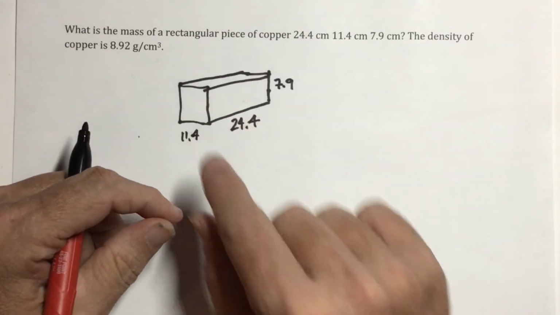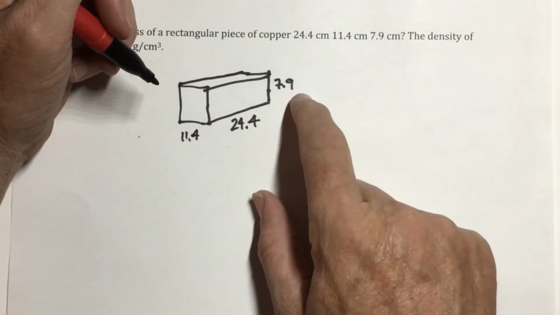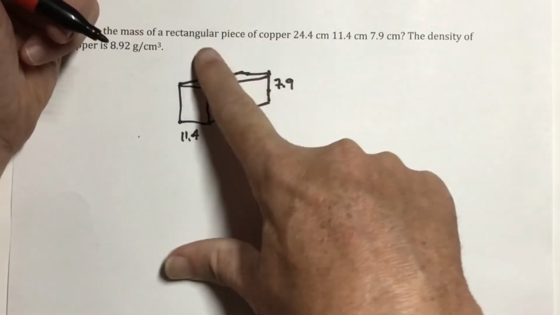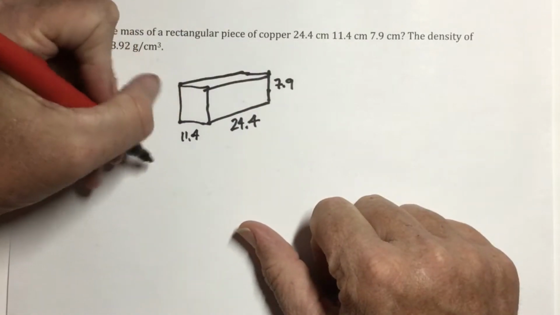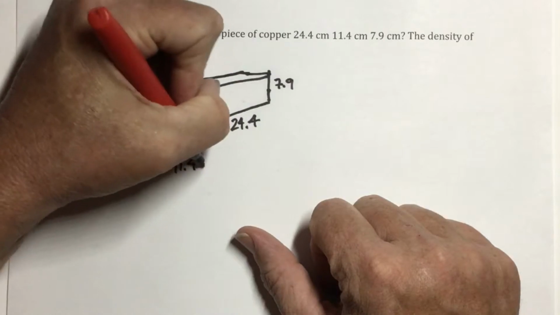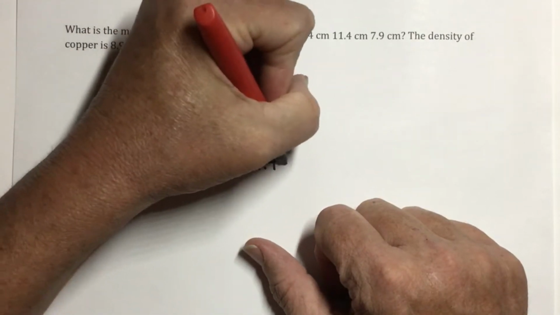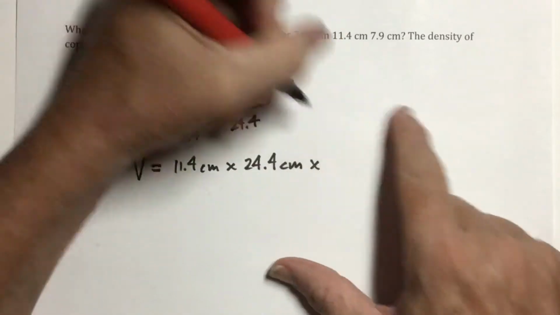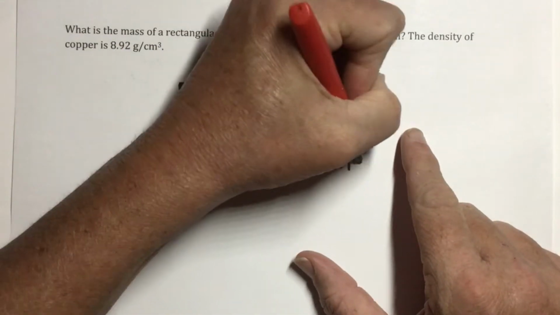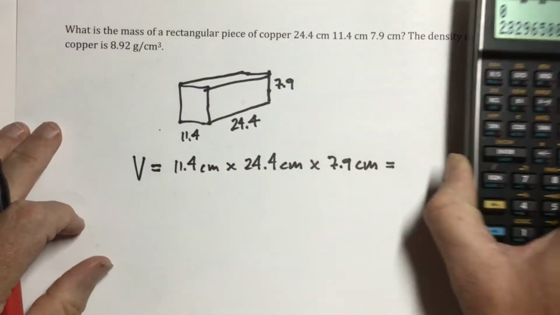Now the volume of a rectangular solid is the length times the width times the height. So to find the volume of this rectangular piece of copper, I will just multiply 11.4 centimeters times 24.4 centimeters times 7.9 centimeters. All right, so let's do that.